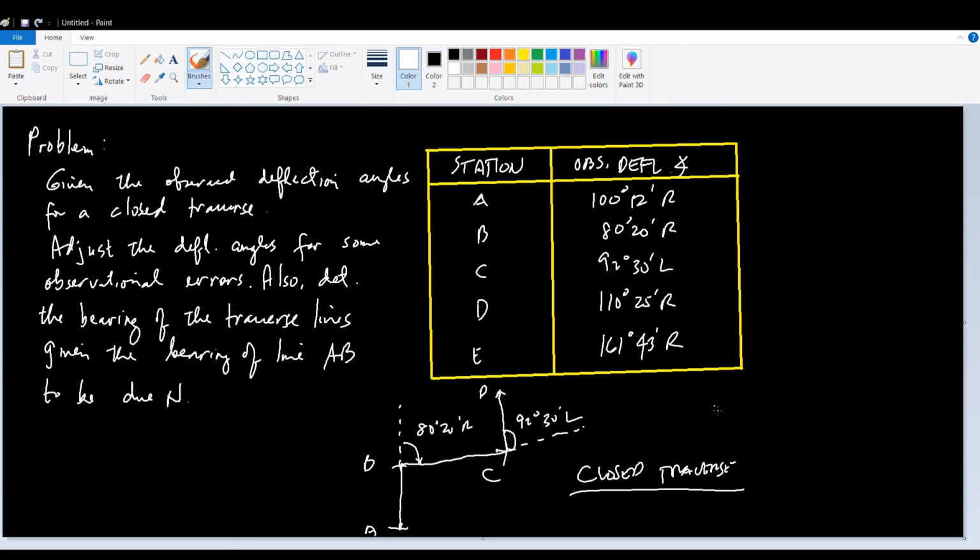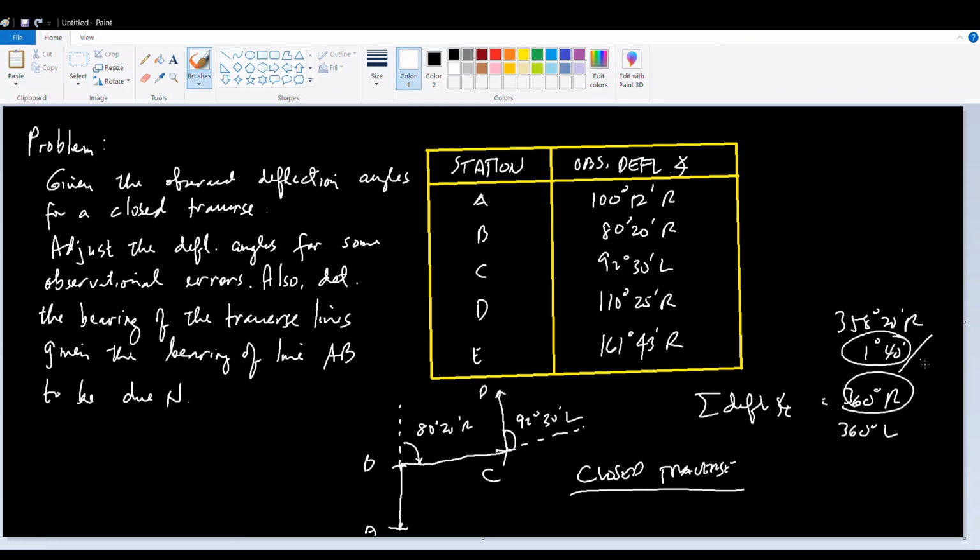So again, you have to check the summation of the deflection angles, and that must be equal to 360 degrees right or 360 degrees left. Say for example, the sum is 358 degrees and 20 minutes right. So it is 1 degree and 40 minutes shy of the required sum. So you have to distribute this according to the number of traverse stations.